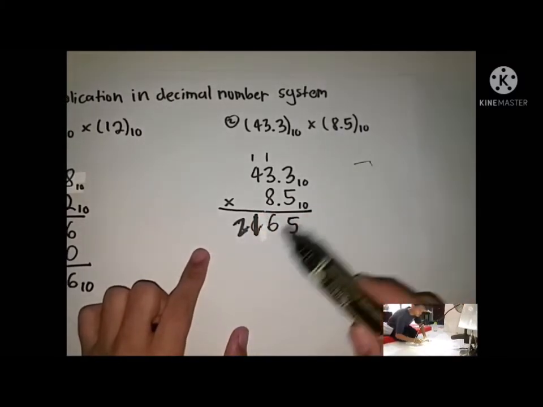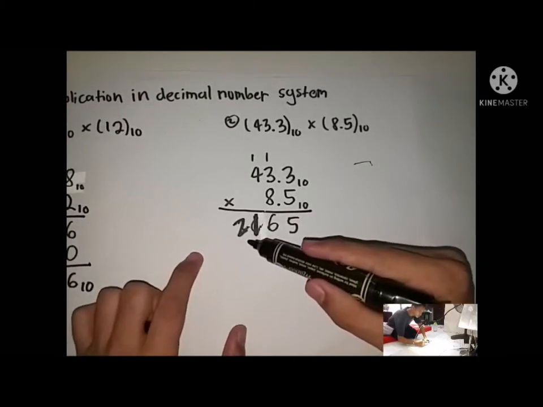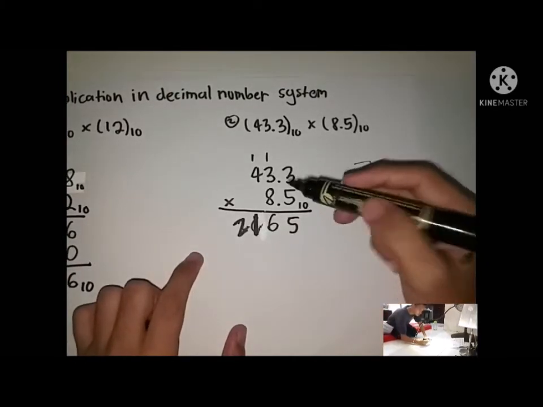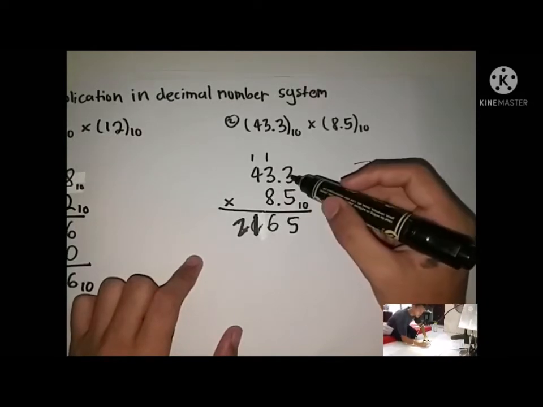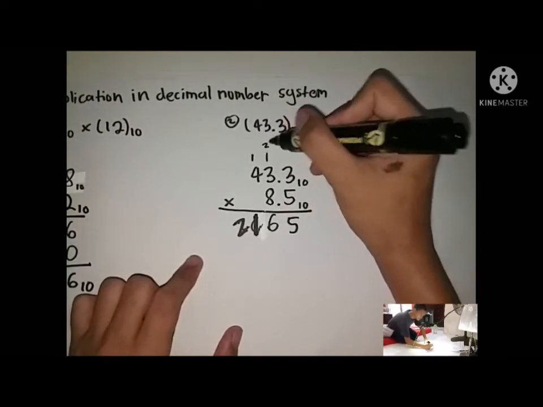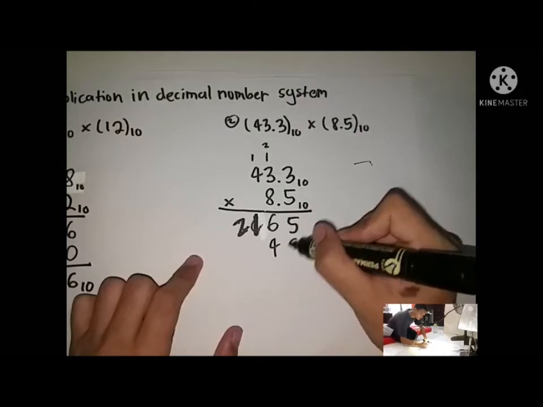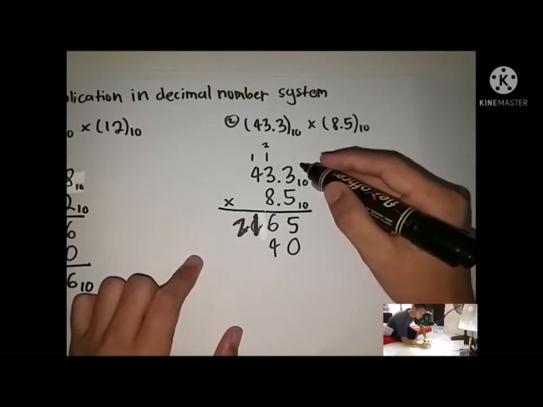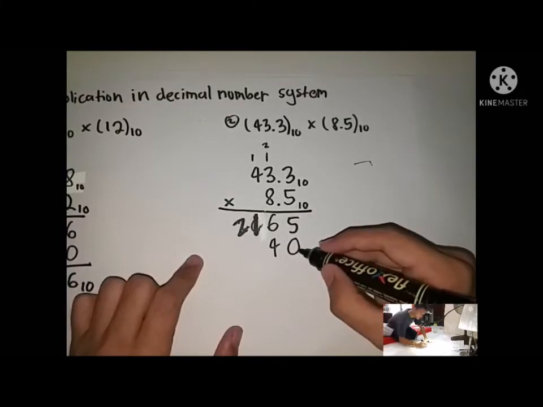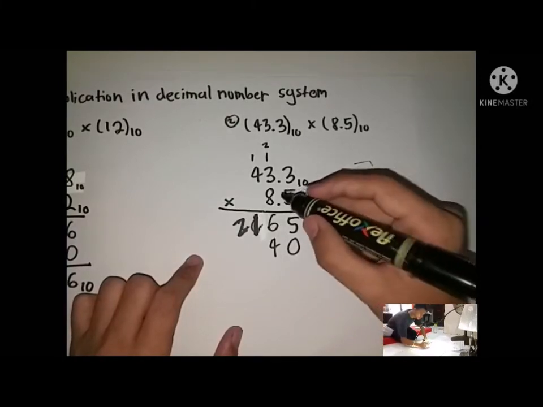So 21. So we have a 2165 here. So next, we must multiply 8 by 3. It gives us a 24. So first, we must put the 0 here before we multiply 8 by 3.